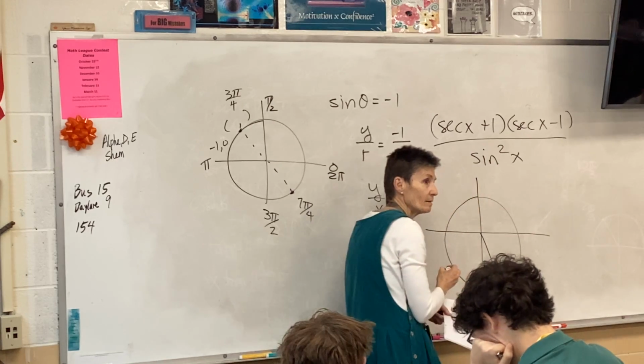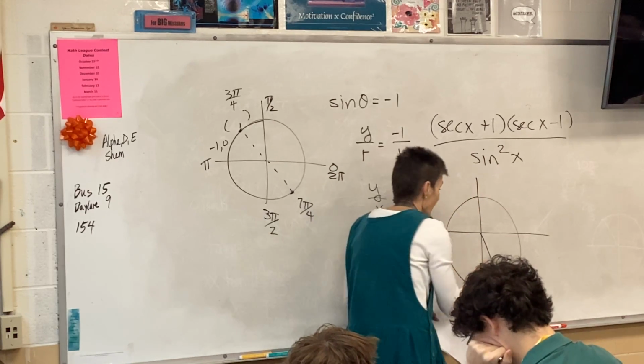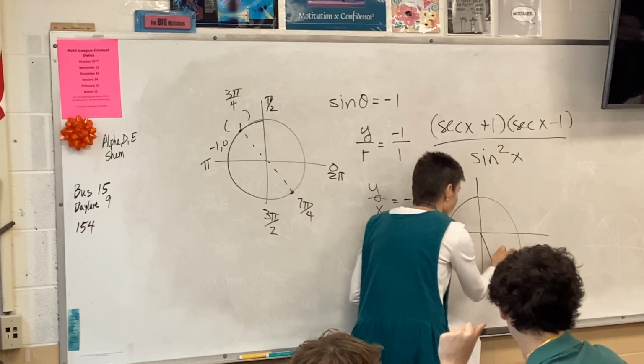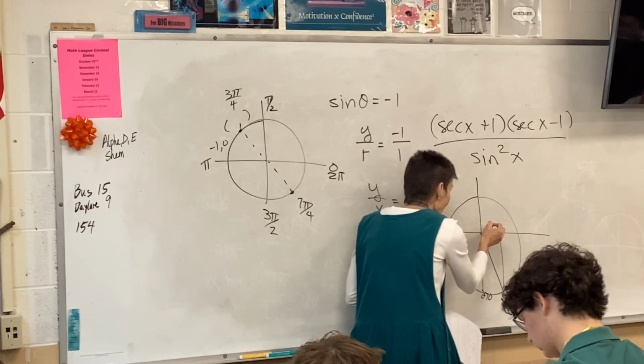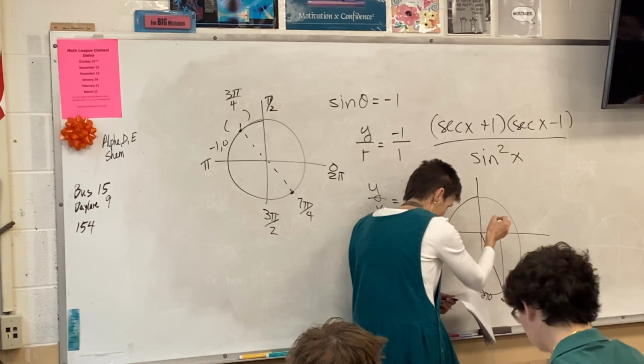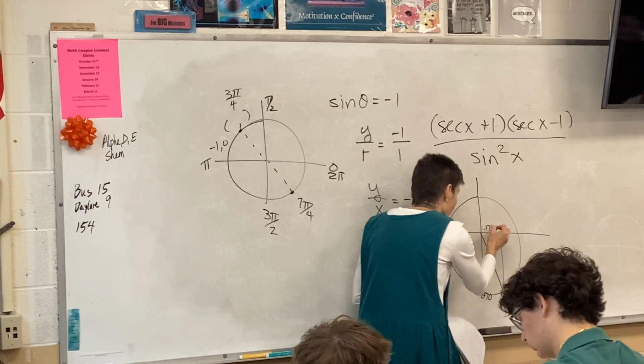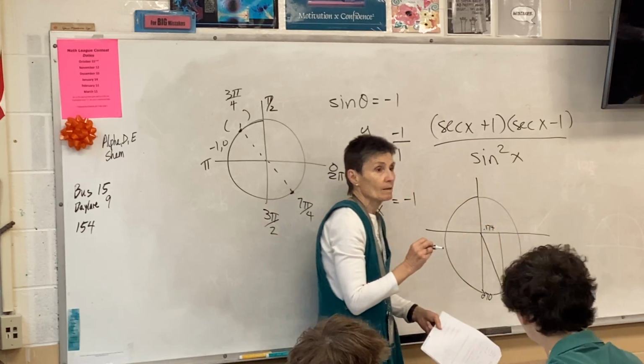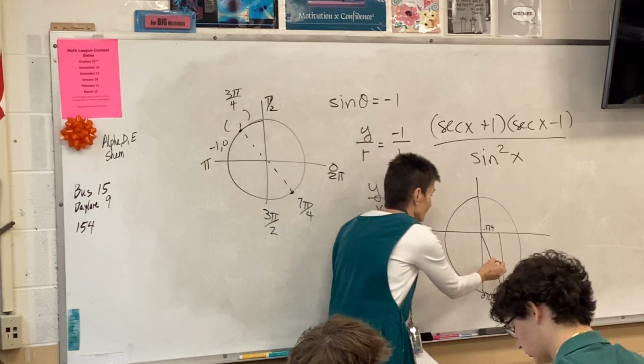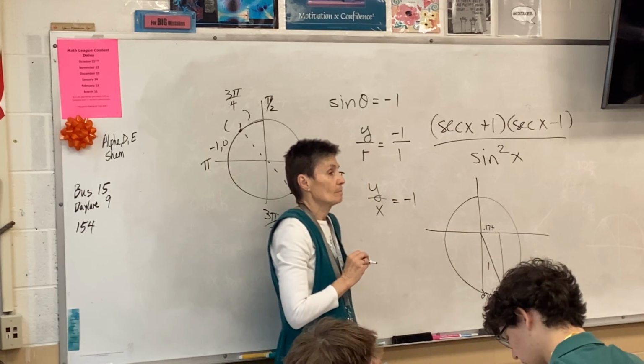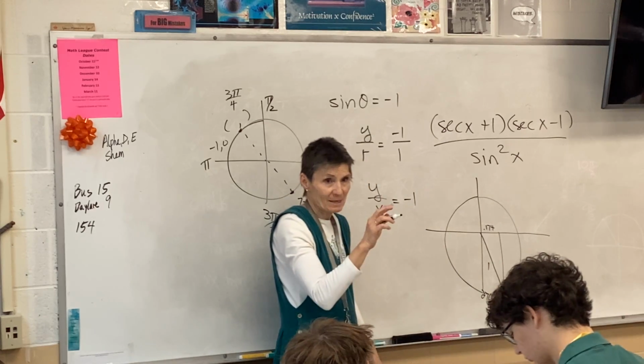Are you good with that? And if this is a unit circle, then my x coordinate is 0.174. Does that make sense to you?